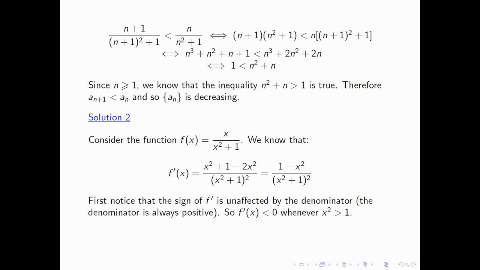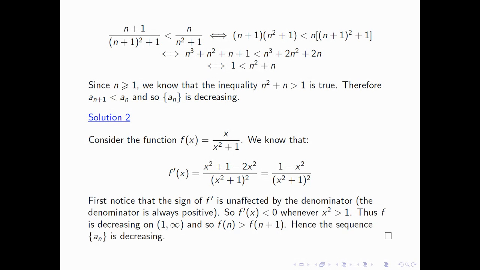And when we do that, we see that we get the condition that x squared must be greater than 1. And thus, f is decreasing on the interval 1 to infinity. And so f of n is greater than f of n plus 1. Hence, the sequence a_n is decreasing.